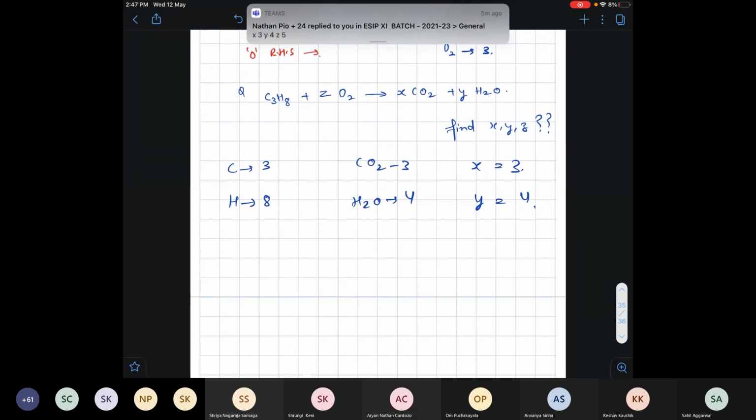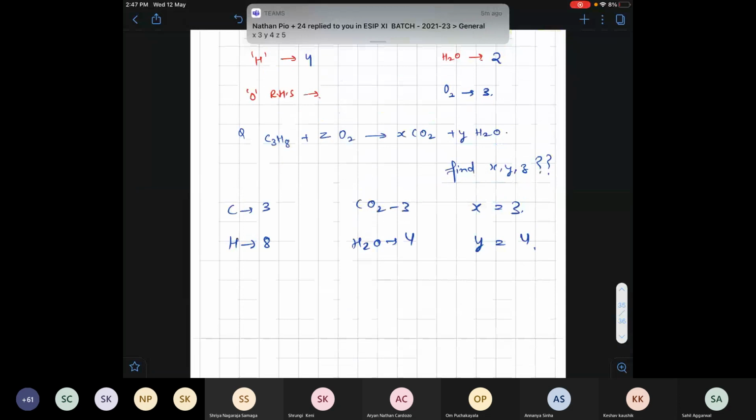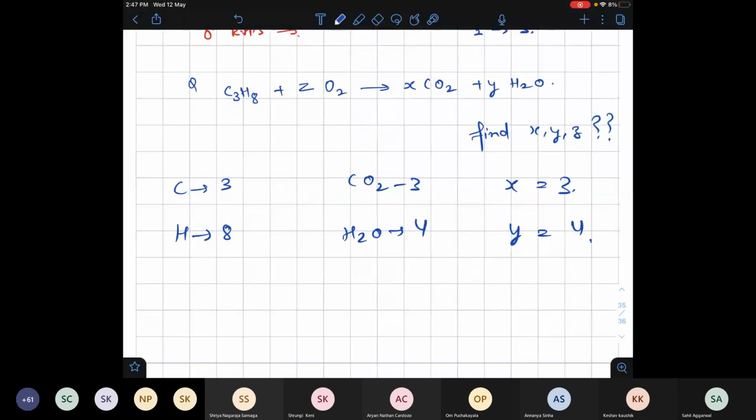Right? How many oxygen do we have right hand side? Shrungi बताओ.